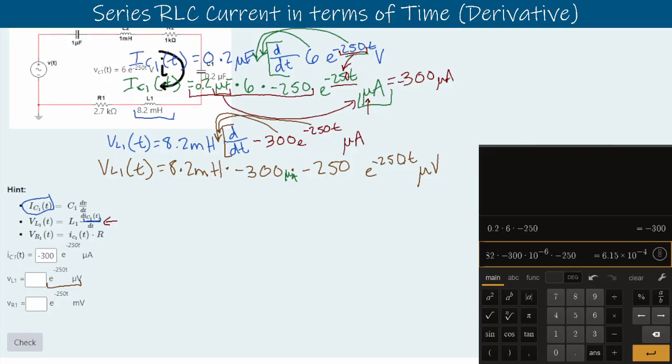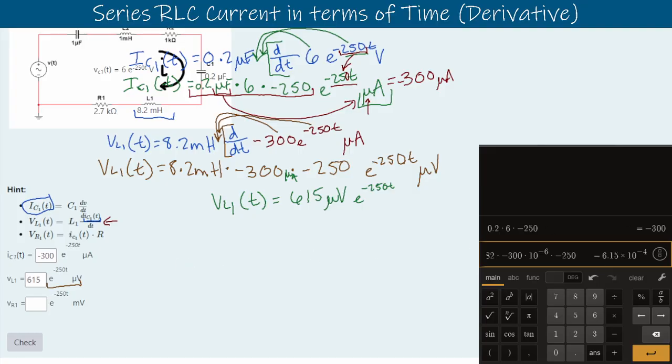That's not in notation, so we'll move that into notation and say that our voltage, VL1 in terms of t, is equal to, we'll move it into micro, so that means it's negative 4. We have to go up to negative 6. We'll move it to the right by 2, and we'll get 615 microvolts. And then that has that ending on it, e to the negative 250 t, but they already have that written in here for us, so we'll just type in our magnitude of 615.